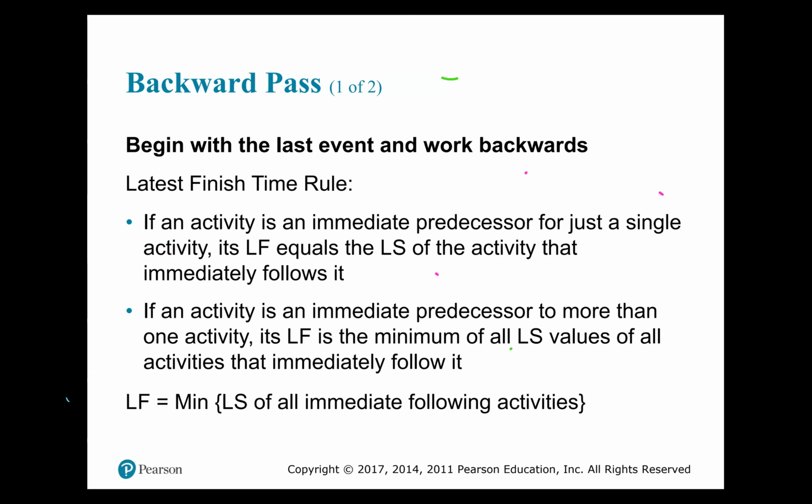You get your first late finish to begin your backward pass by picking up the information that is in your finish node, and you travel backwards on all the arrows that came into the finish node, and you plunk down the information into the late finish slots of all those arrows.